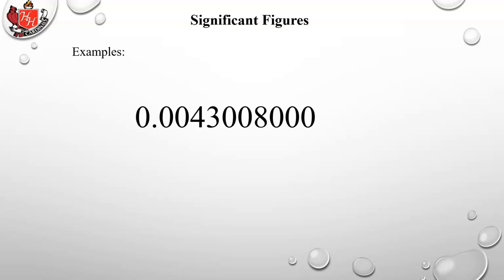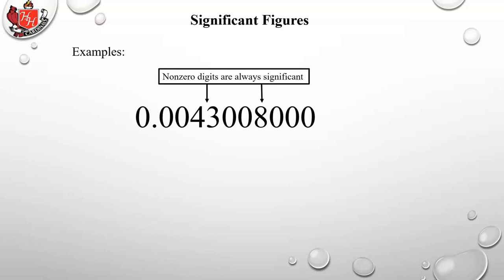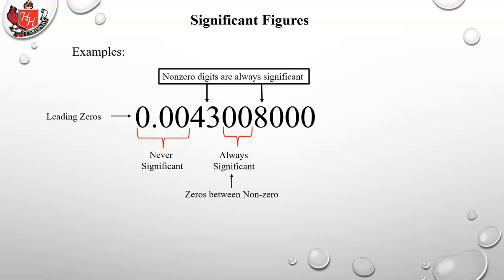So let's look at this number. Non-zero digits are always significant, so 4, 3, and 8 are always significant. Leading zeros, those zeros in front, are never significant. Zeros between non-zero digits are always significant.